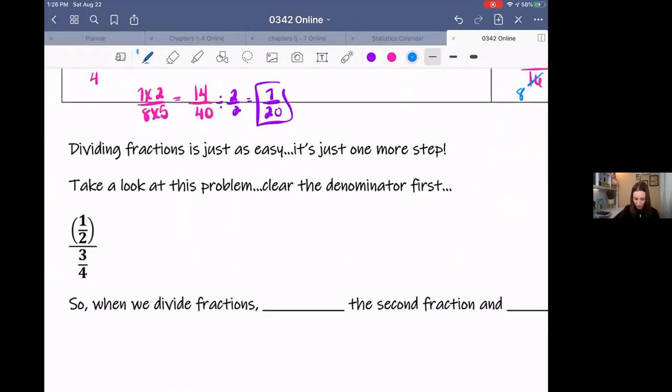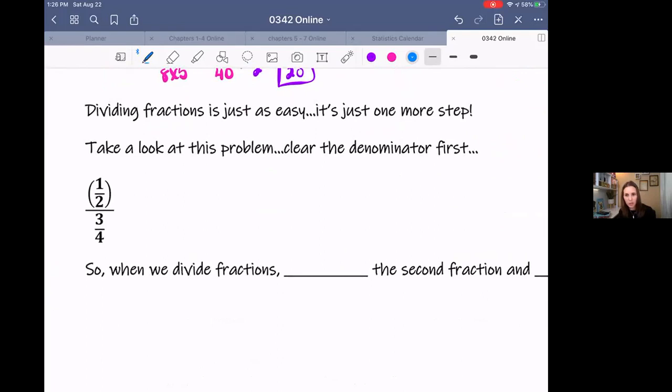Okay, dividing fractions. Let me do some backstory here. I put the dividing fractions in with multiplying fractions because division is technically multiplication of fractions. So I just say multiplying fractions because multiplying fractions encompasses dividing. Same with when we get into adding.